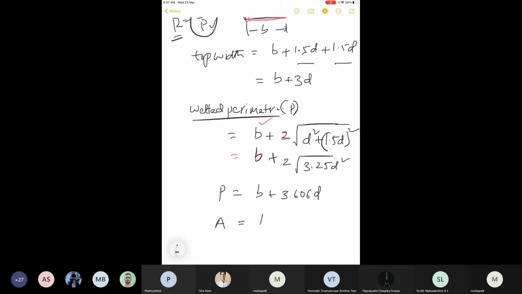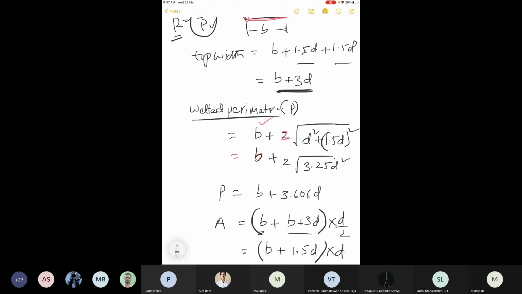So that will be B, the bottom, and at the top will be B plus 3D, that's the top width. You can see this is the top width. So one bottom and top, multiplied by D by 2. Okay. So this will be B plus 1.5 D into D.